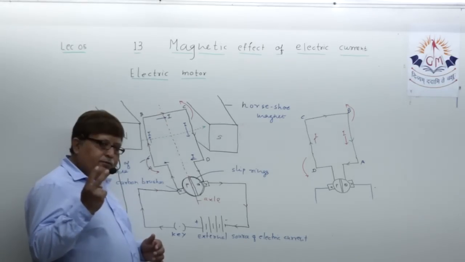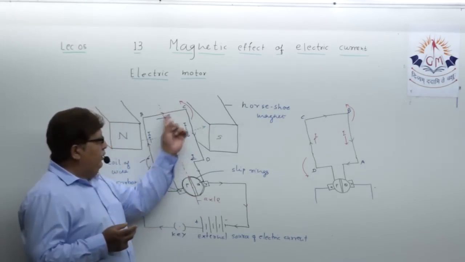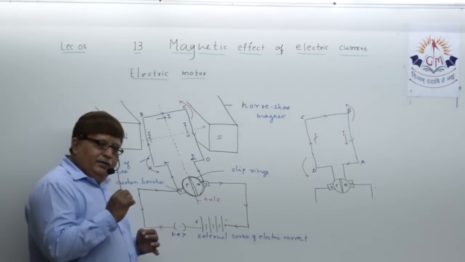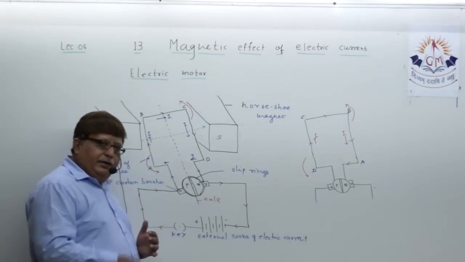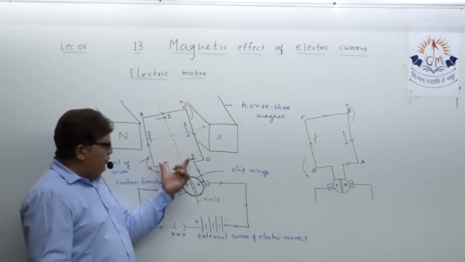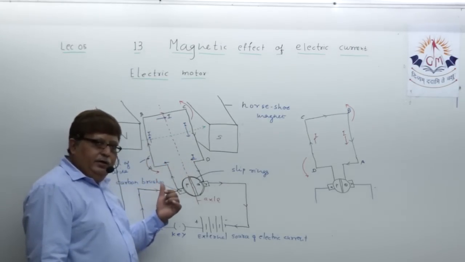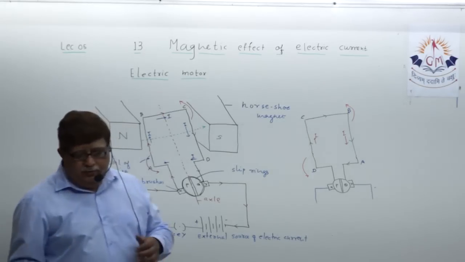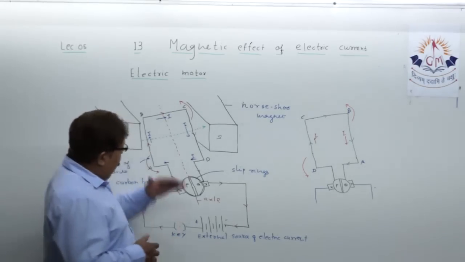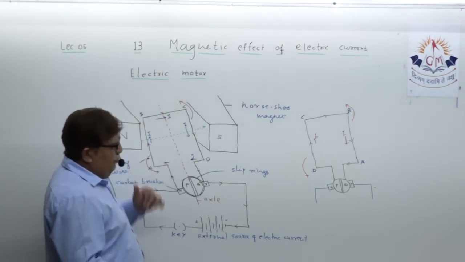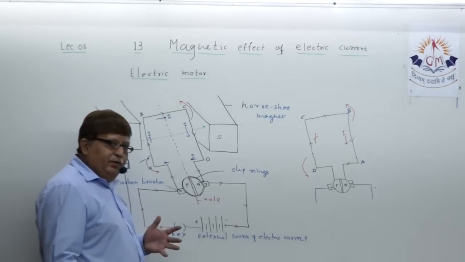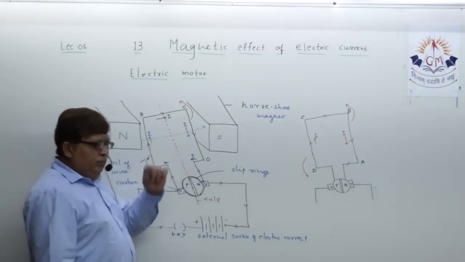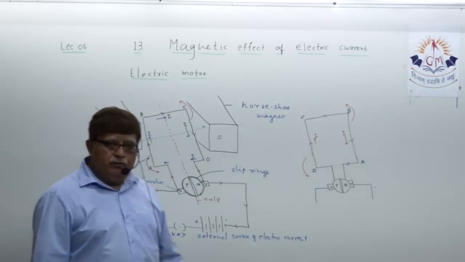Two edges of the coil, BC and DA, remain unaffected by the electromagnetic force, because in these two ends the direction of electric current is parallel to the magnetic field. So there will be no effect seen on both the edges. You understood this?